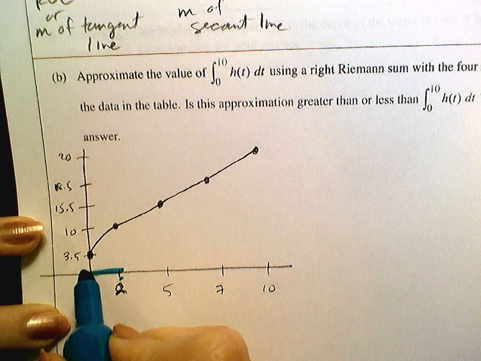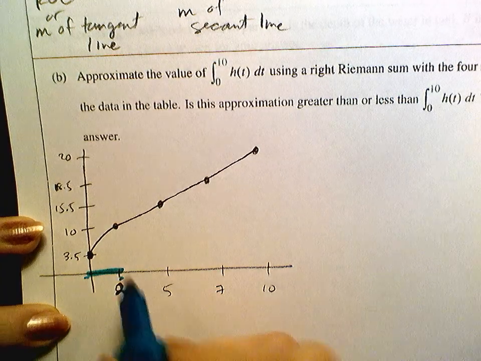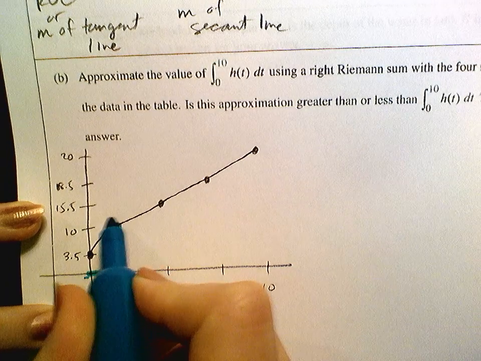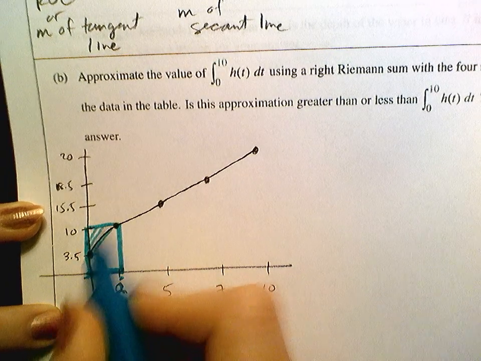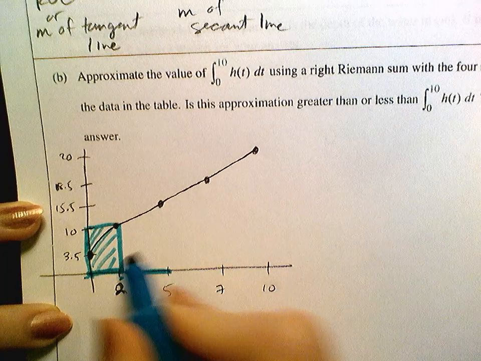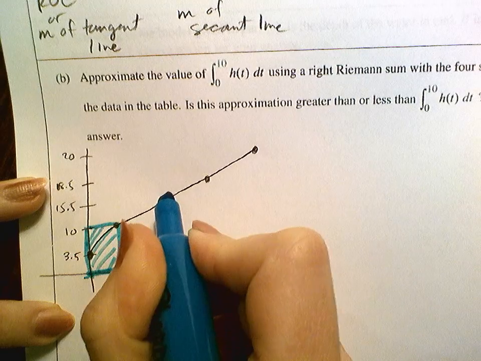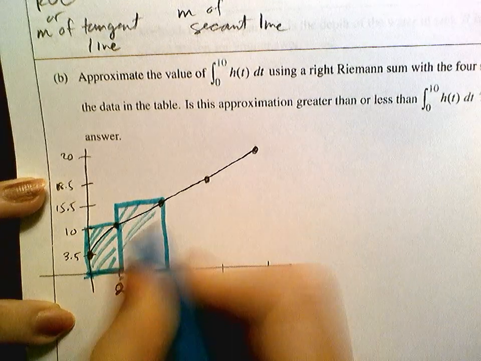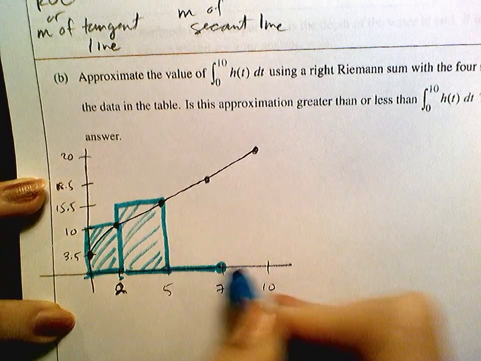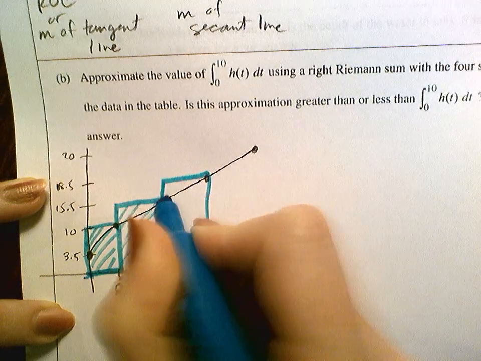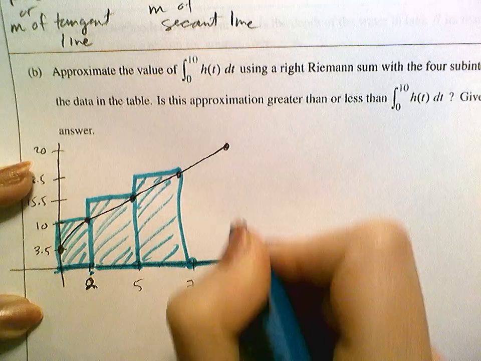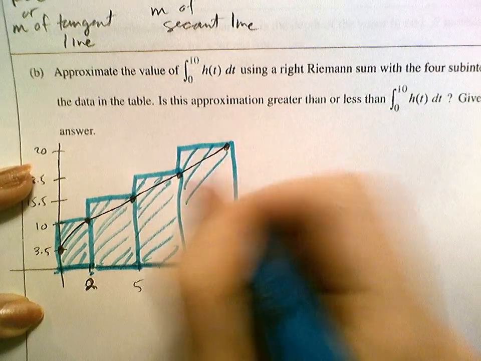If I use the left endpoint, this will be the height and I'll go over. But if I use the right endpoint, this will be the height and I'll go over. So they want a right Riemann sum, so we're going like that. And then here's the next base, go to the right endpoint. Next base, right endpoint. And then next base, right endpoint.